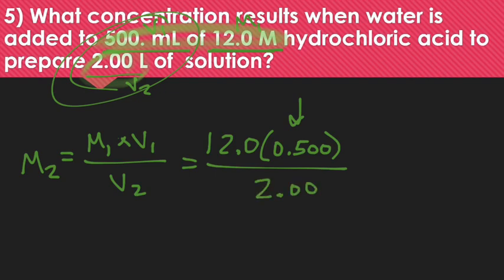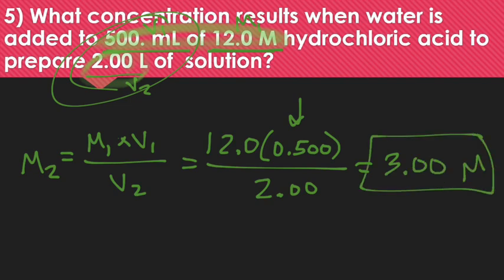So 12 times 0.5 divided by 2 is going to end up being 3. I'm going to make that a 3 sig fig 3 because that's how many sig figs each of my other numbers had there. So in the rest of these problems, our volumes do already match, or we're solving for volume, so it's going to match.